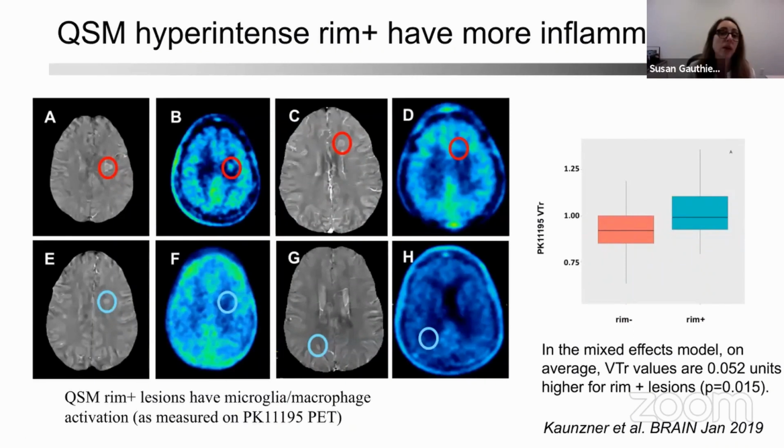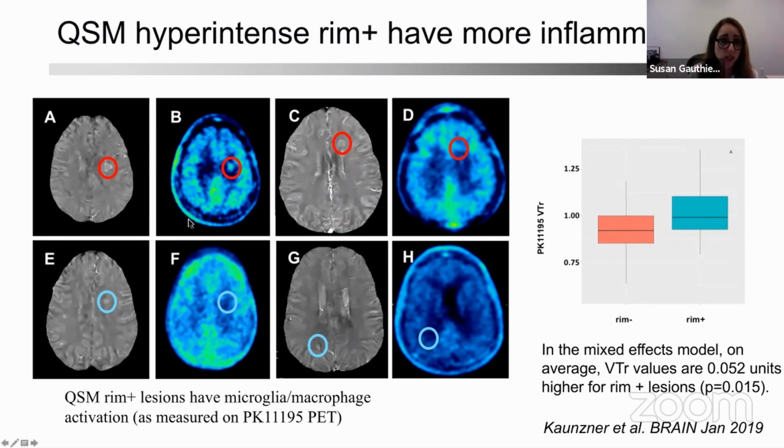The next paper that we did to demonstrate this in vitro validation is that we combined our QSM with TSPO PET imaging. Now, with TSPO PET there's a number of different ligands, and we used a first-generation ligand called PK11195. This binds to activated microglia.